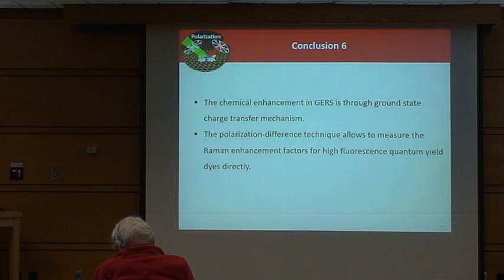So for the laser part, we use the wavelength dependence to tell that the mechanism is the ground state charge transfer mechanism, and we developed the polarization difference technique for high photoluminescence molecules.